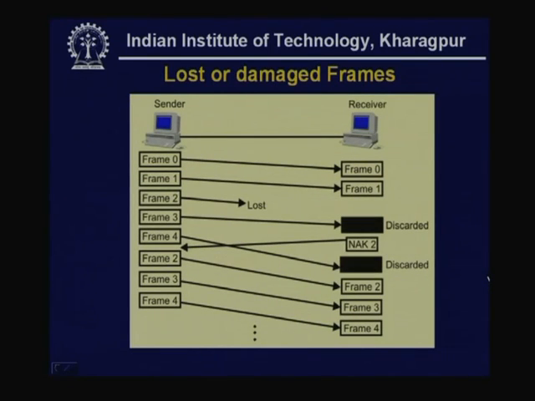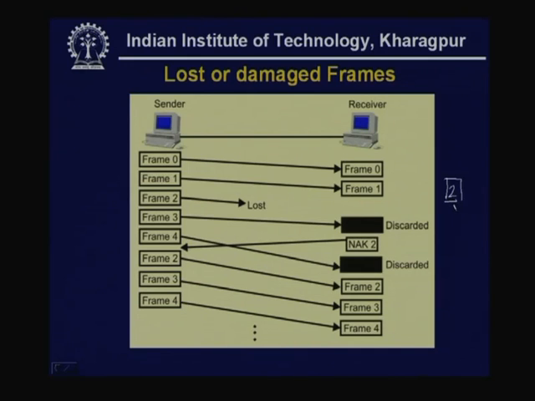Now, let us consider what happens in case of lost or damaged frames. Here frame 0 is being sent, then frame 1 is being sent and frame 2 is now lost. Since frame 2 is lost, after the frame 3 is received by the destination, it will be discarded because it is waiting for frame 2. The window that it was having was showing 2.